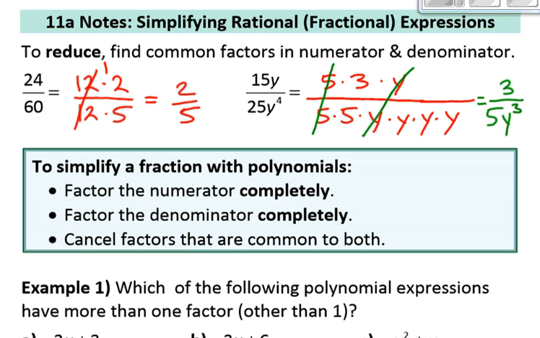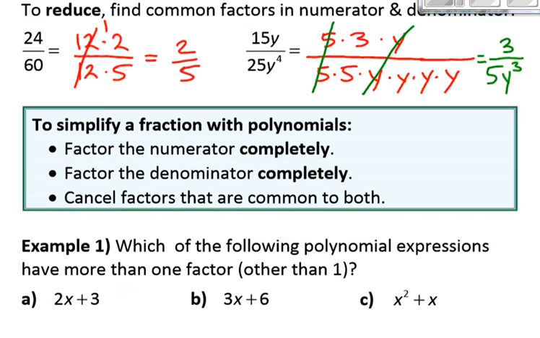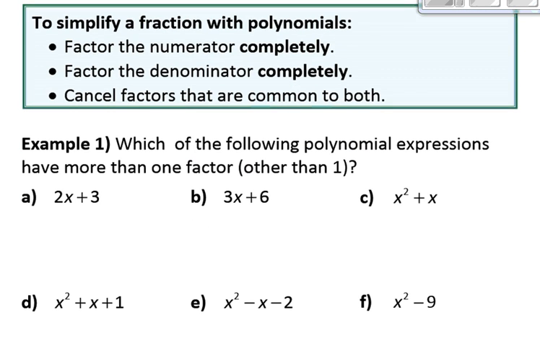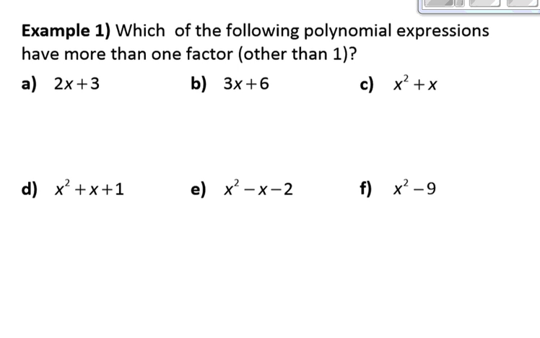So to simplify a fraction with polynomials, remember a polynomial is an expression with x's, like x squared plus 2x plus 3. So you want to factor the numerator completely, then factor the denominator completely, and then you want to cancel any factors that are common to both. Okay, so before we do that, we're going to just get some practice factoring. We've done this before, just kind of a review.